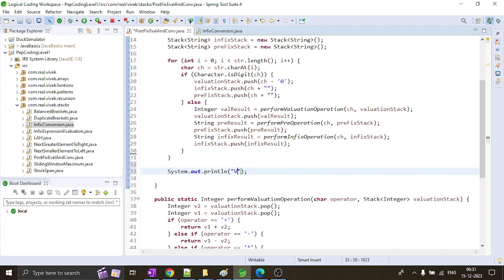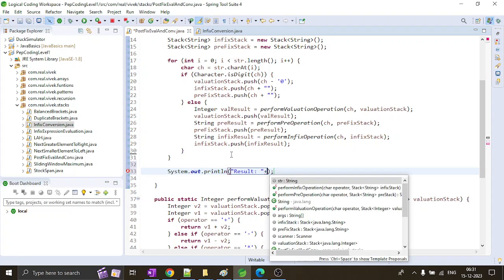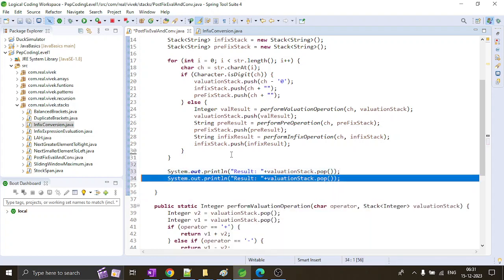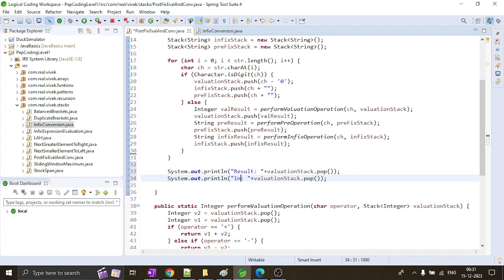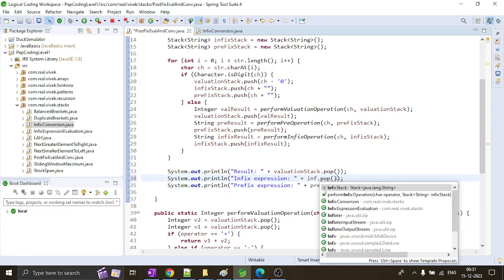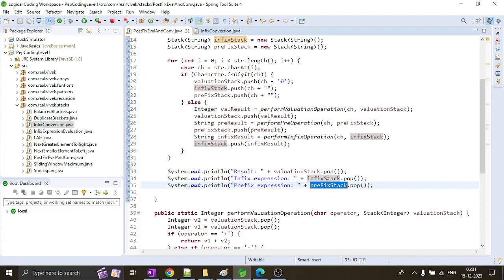So the result is the valuation stack pop, then the infix stack pop, then the prefix stack pop. Yeah, so I think that's it.